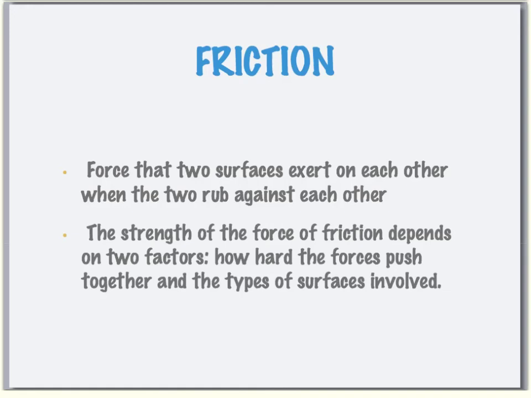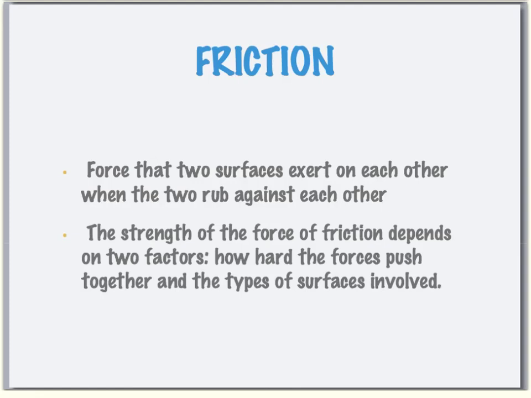Obviously it's harder to slide something across a bumpy surface than across a smooth surface. Think about floors too. The floor in our science room is kind of bumpy, with little tiles, whereas in the hallway it's totally smooth. So if you're trying to pull something across the floor, you need more force when the surface is bumpy.